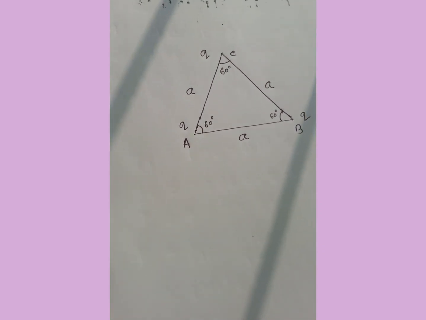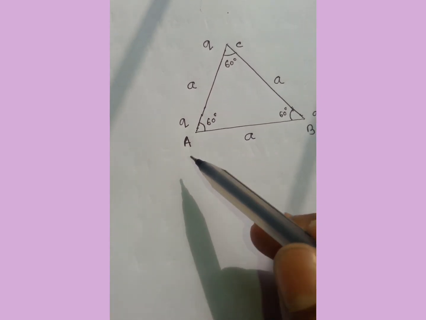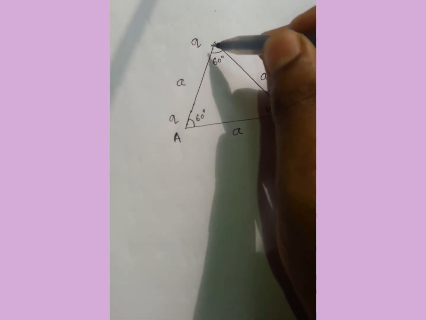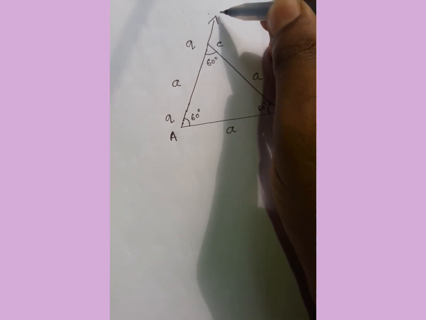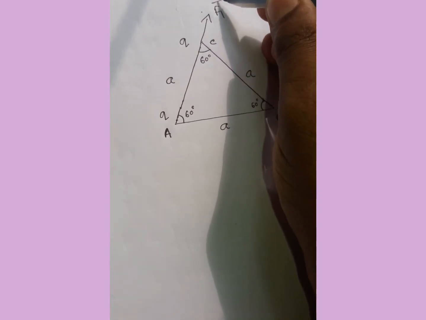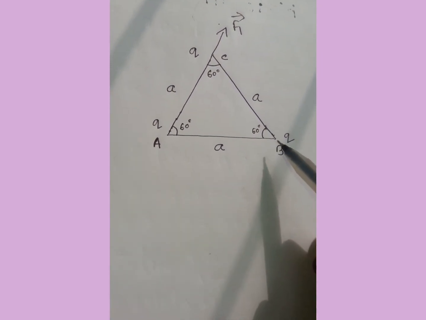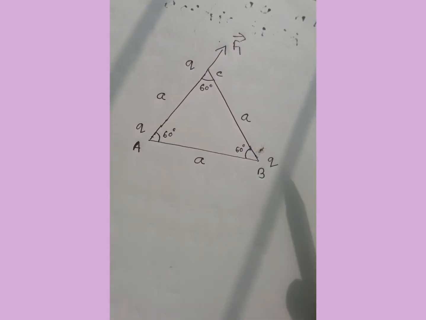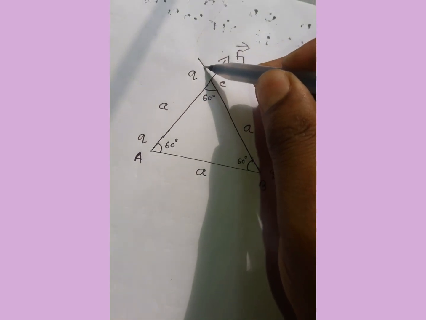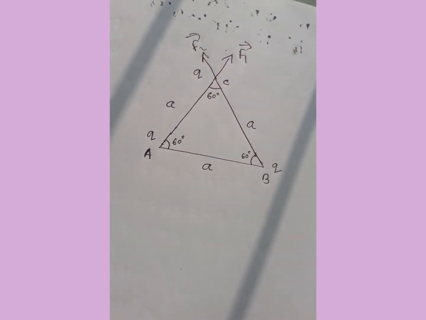First of all, we find out the force due to charge A, and this is along the line AC, and this force is F1. Similarly, the force due to B on the charge placed at C is F2, and this is along BC.